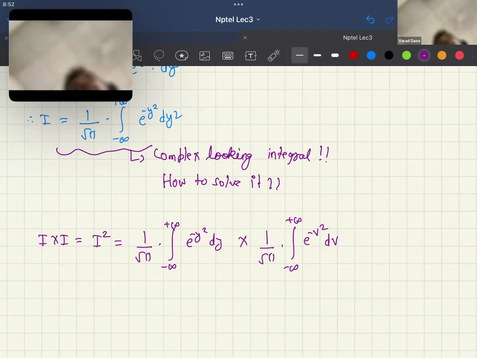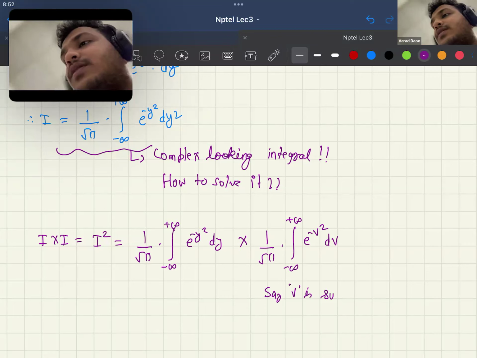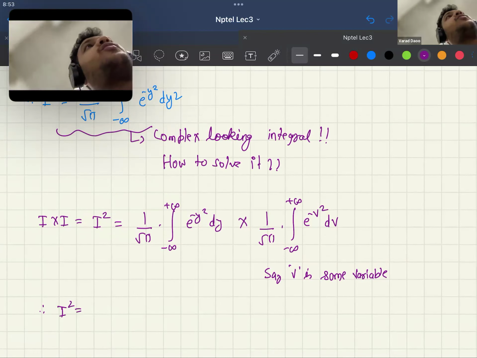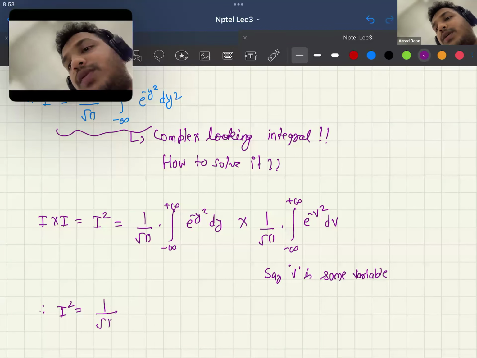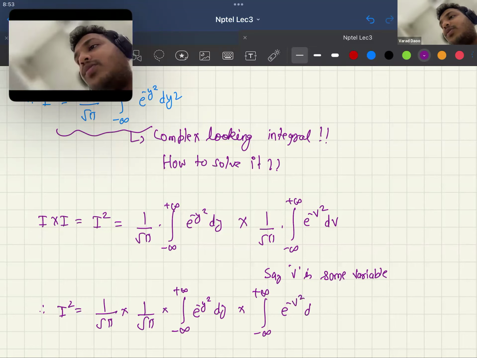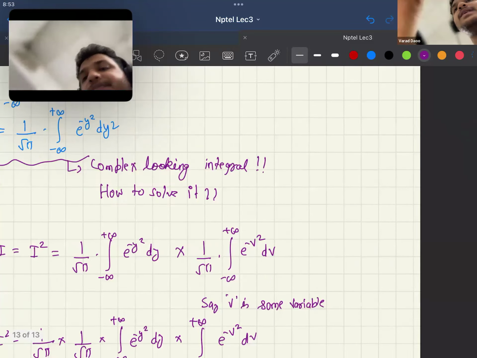Let's say v is some variable. Therefore, I square is 1 by root pi multiplied by 1 by root pi multiplied by the integral of e to the power minus y square dy multiplied by the integral of e to the power minus v square dv, right?